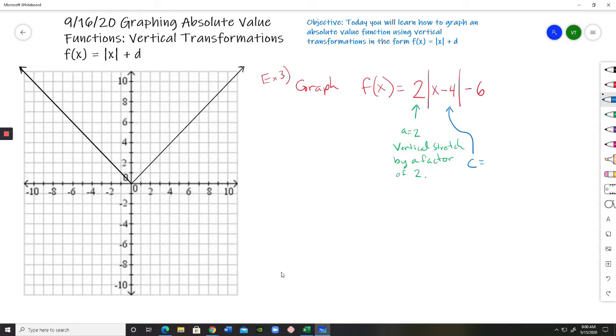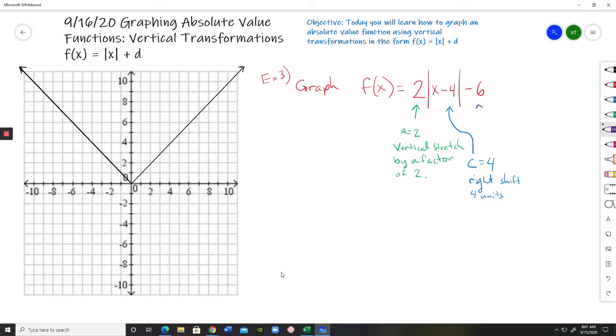So instead of actually being negative, C is going to be positive 4, and we are going to be going to the right. So it's a right shift 4 units. All right, so remember C is the opposite of what you see inside the absolute value. So even though it's a minus 4, we're actually moving to the right because C is positive 4.